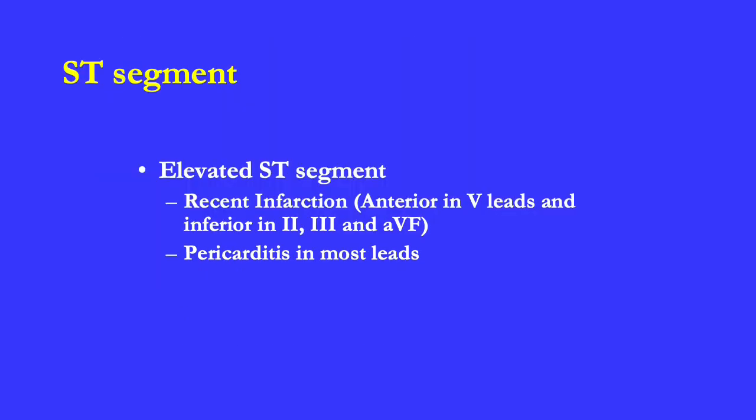Now coming to ST segment, the ST segment can be up. An elevated ST segment is seen in a recent myocardial infarction or a heart attack. Anterior part of the heart is seen in the chest leads, while the inferior limb leads 2, 3 and AVF will show ST elevation when the inferior, the lower part of the heart muscle is affected.